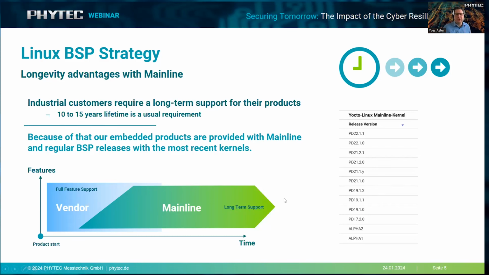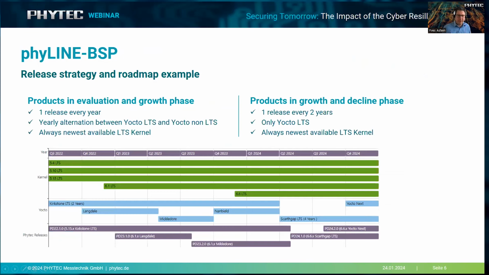And we can do this for a very long time. And we are not dependent on any vendor BSPs or anything else. We can be completely independent working with mainline.